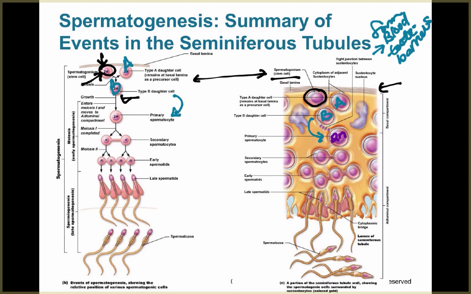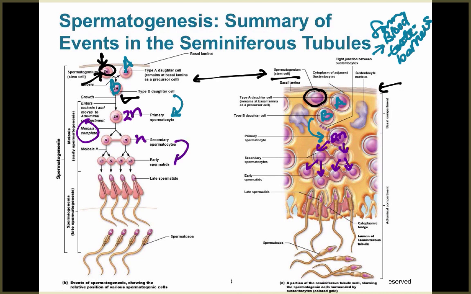And that is going to basically form 2 secondary spermatocytes. So you see here, meiosis 1, so you're going from 2N to N, and these are the secondary. And right after that, you're going to get your second division. So this guy is going to divide here and here. Each of these secondary spermatocytes is rapidly undergoing meiosis 2 to become 2 spermatids.